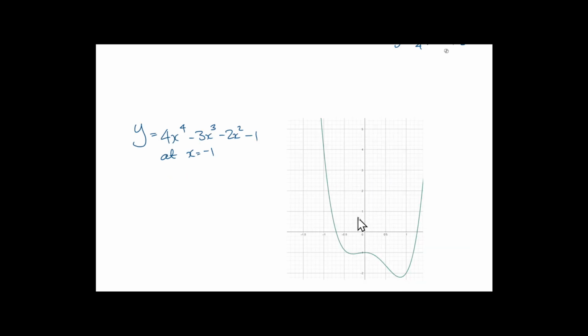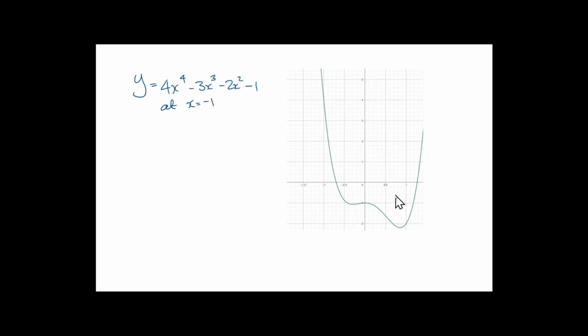Now this funky looking graph here is the equation y equals 4x to the power 4 minus 3x cubed minus 2x squared minus 1. And I want to find the tangent and the normal where x equals -1. So this is x equals -1 here, and I'm going to say that y is 4.